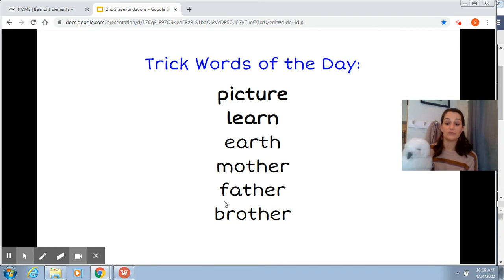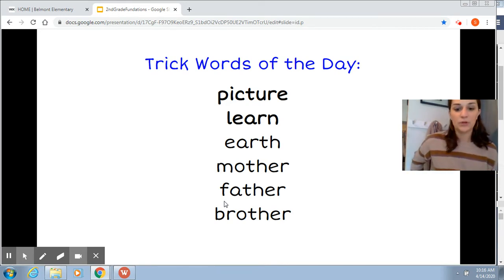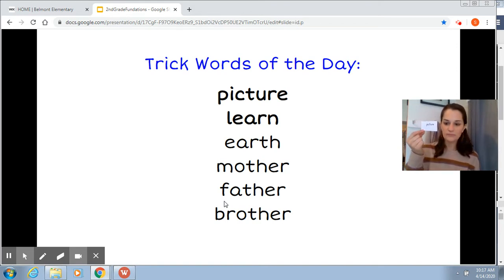And we're going to go ahead and review our trick words of the day. Okay, so our first trick word of the day is the word picture. Repeat. So this word picture means like a picture that you take or a picture that you draw that has some sort of image or characters or some sort of subject that you want to look at.